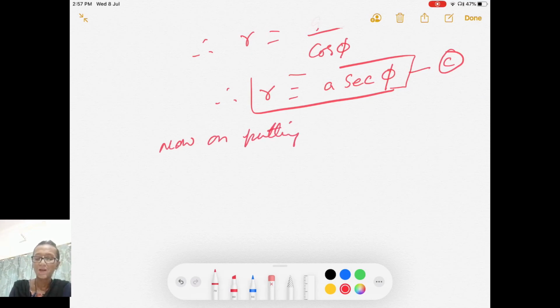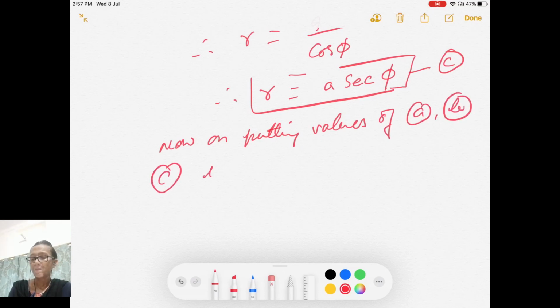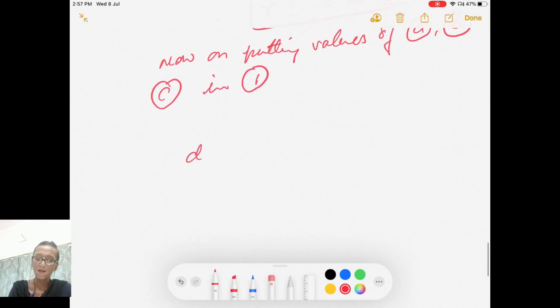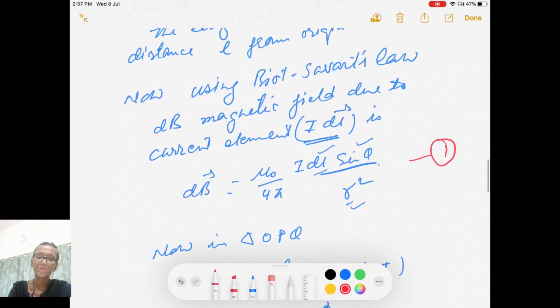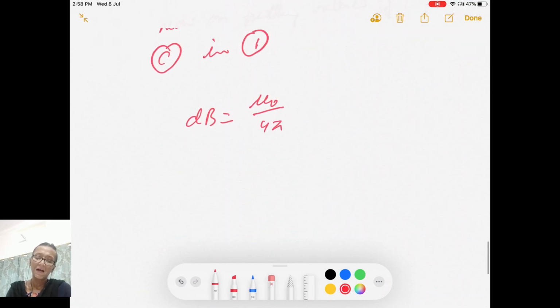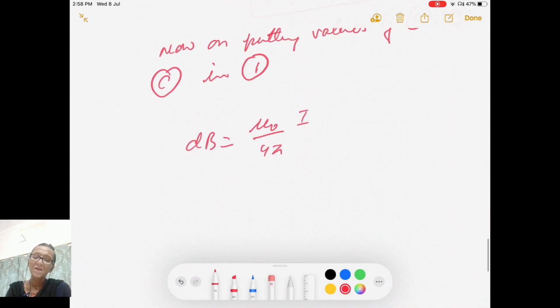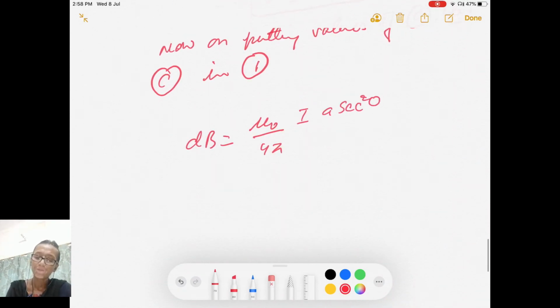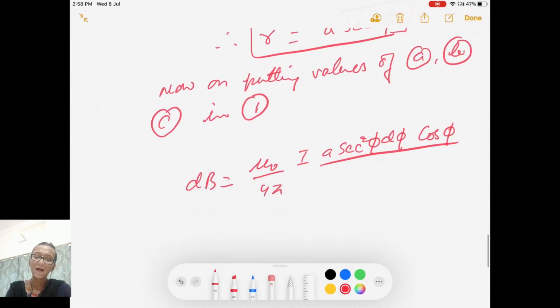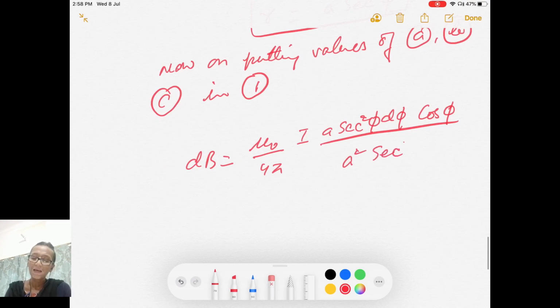On putting the values of A, B, C in 1, we get dB is equal to mu naught upon 4 pi I, in place of dL, A sec square phi d phi, in place of sine theta, cos phi upon r square, and in place of r square, A square sec square phi.